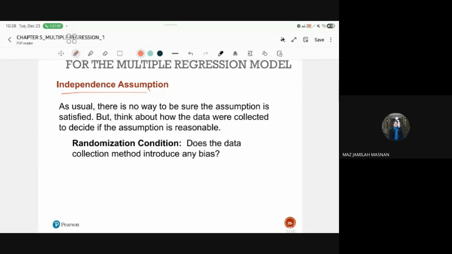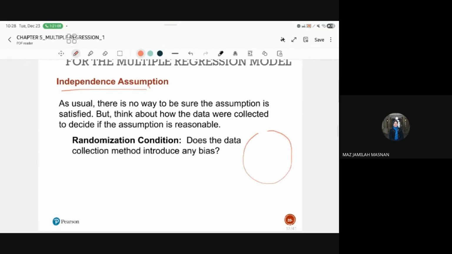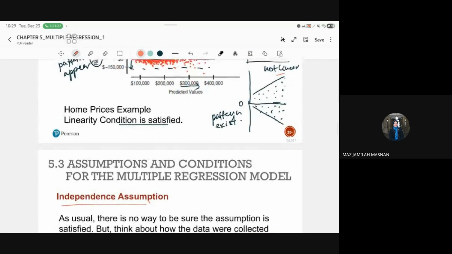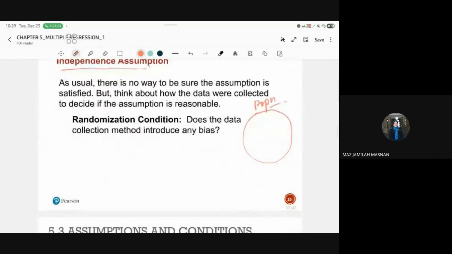It means that if you have your population over here, for example, this is your population. If I want to take the example of home price and bedroom, we are not talking about specific types of respondent. Just in case, let me bring you back to the example of diabetic patients.